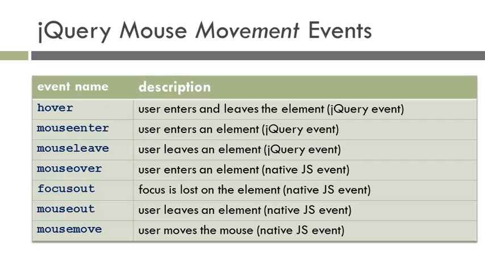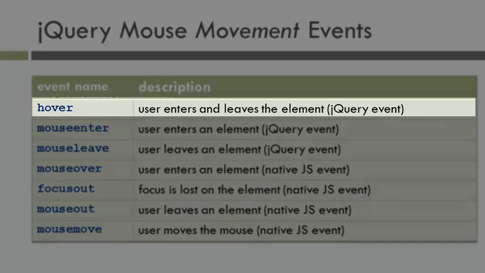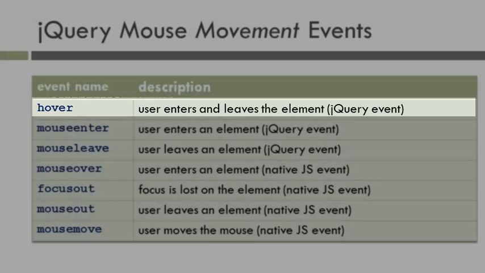jQuery's mouse movement events bind to native JavaScript events, or jQuery has enhanced events for cross-browser compatibility. Hover, for instance, has two events. The event is first triggered when the mouse enters the element and then triggers again when the mouse leaves the element. During the duration of the two events, the mouse is hovering over the element.